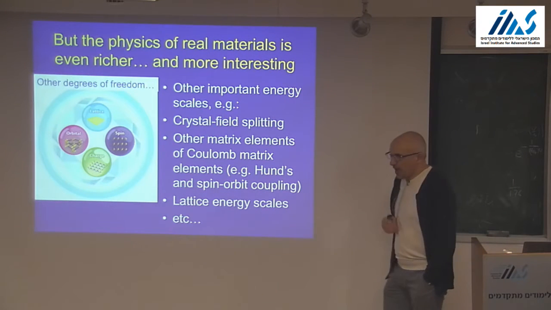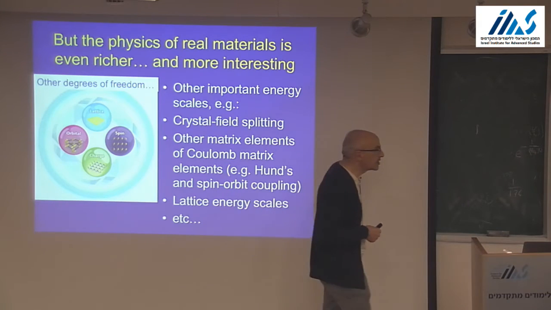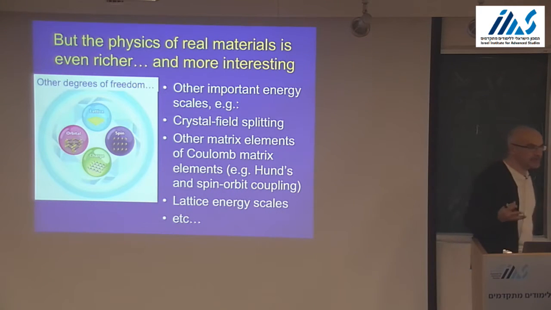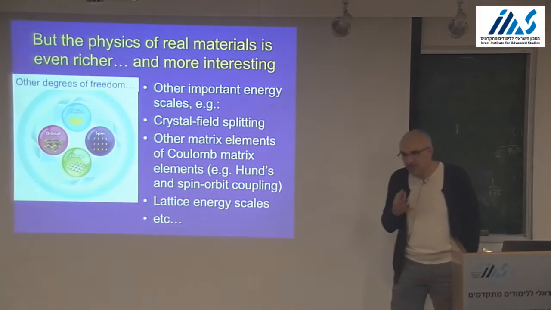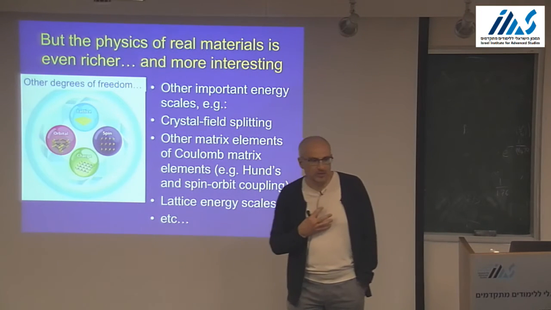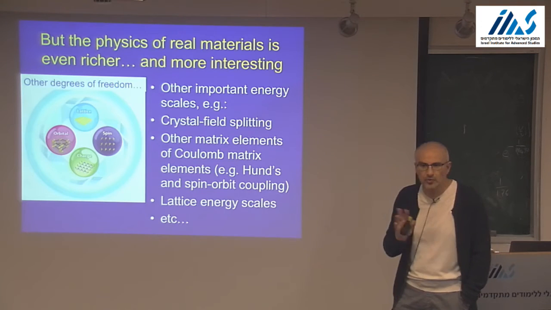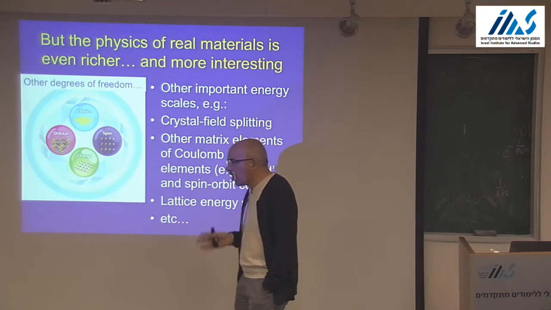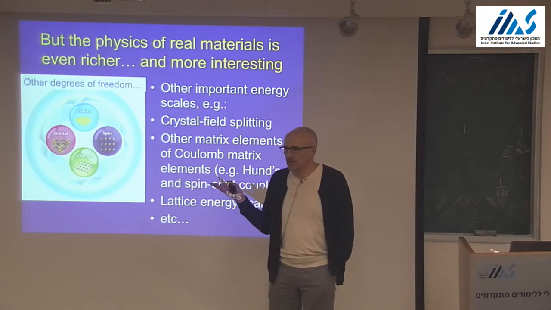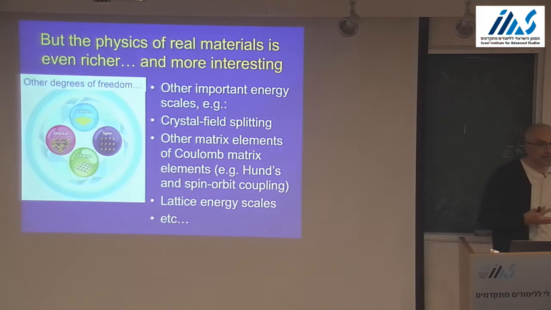Okay, but as I said, the Hubbard model, as I showed it a couple of slides ago, is not realistic for many materials. There are actually other degrees of freedom, and hence other energy scales that become important. We may get away with the single band Hubbard model for cuprates for reasons that I'll explain in a minute. But for most of the other oxides, for example, of all these transition metals that I showed to you, there are other degrees of freedom.